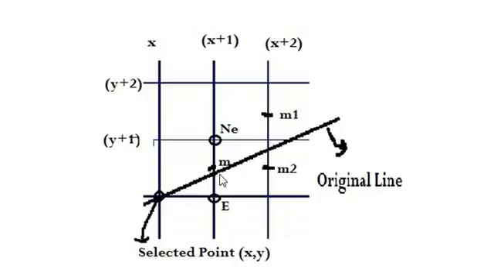If we choose northeast, the line moves between this point and this point, and we have to check the M1 position, whether it is above the line or below the line. If we select E, then between these two we have to check the position of M2 and make the decision.